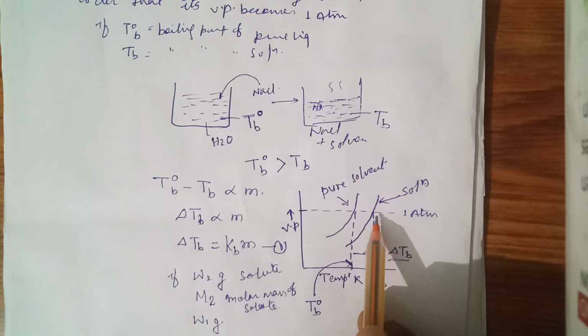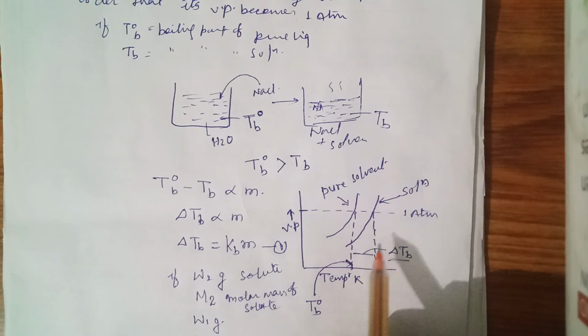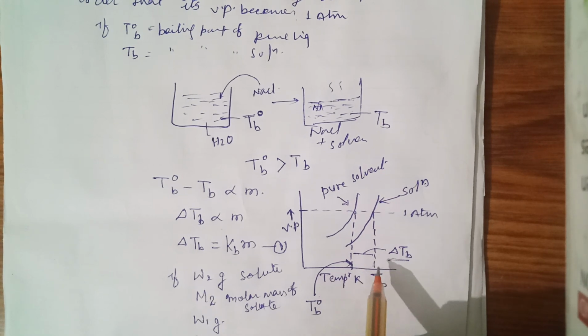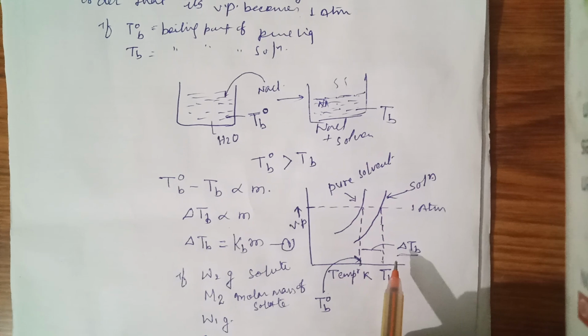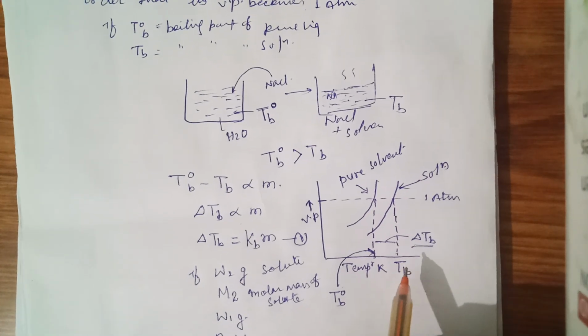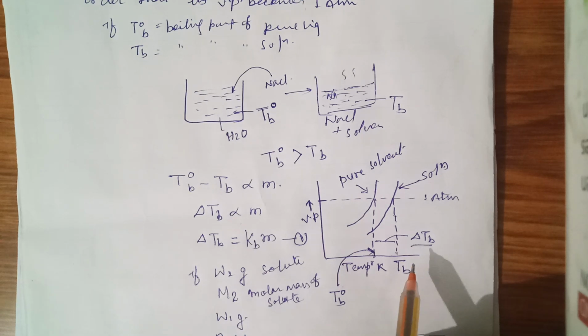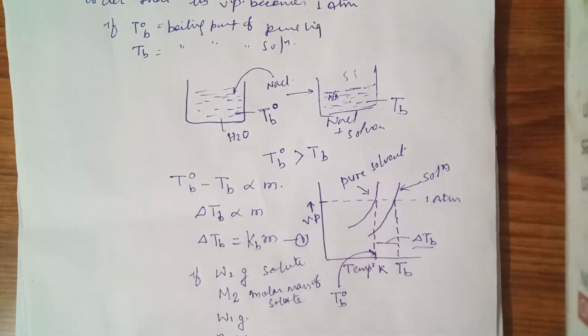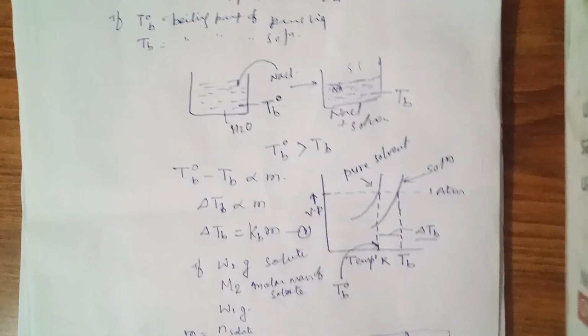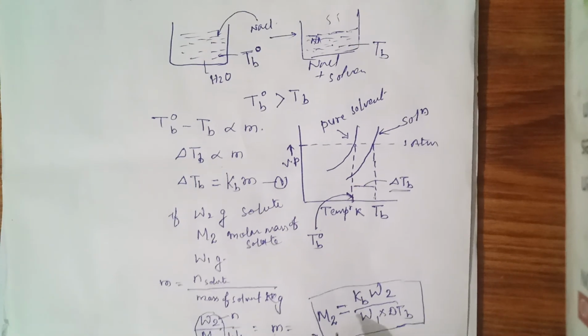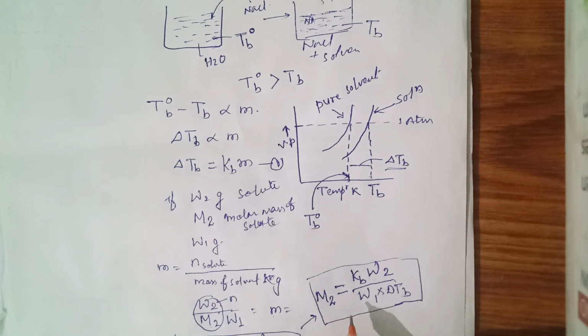Similarly I took the solution, and it was found that there is a change in the boiling point, since by adding a non-volatile solute the vapor pressure decreases. That means the boiling point will also increase on addition of a non-volatile solute. Hope you are understanding. By using this method, I have calculated the molar mass of the solute by using this formula.